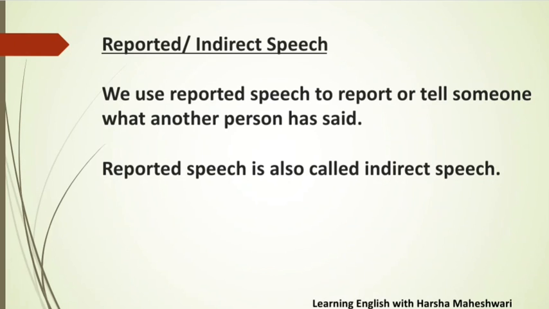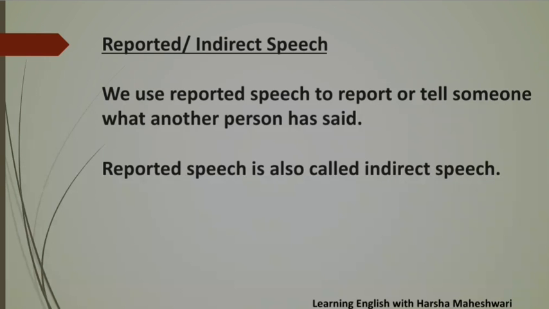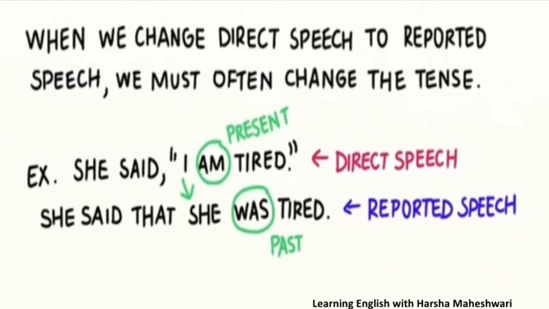So, let's study reported or indirect speech. We use reported speech to report or tell someone what another person has said. Reported speech is also called indirect speech. When we change direct speech to reported speech, we must often change the tense.